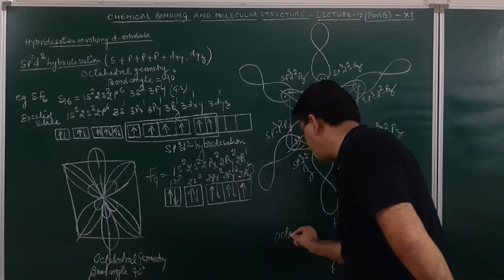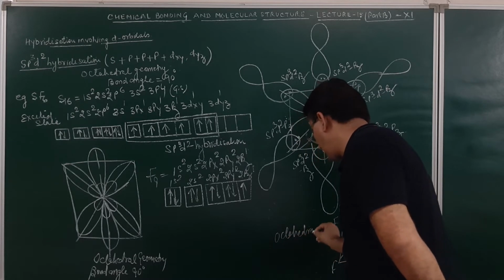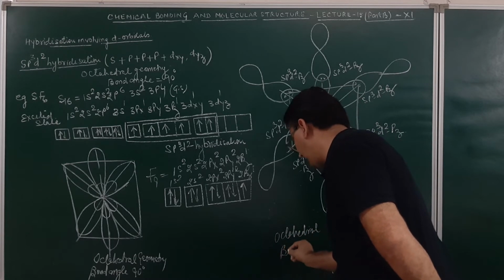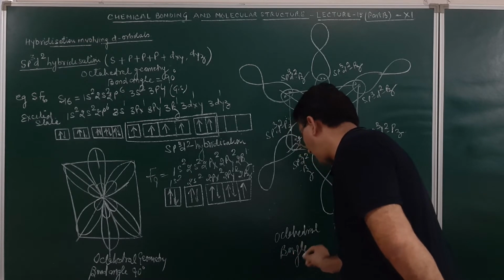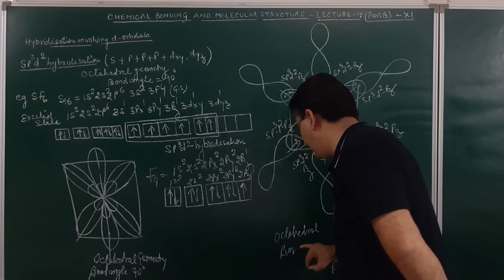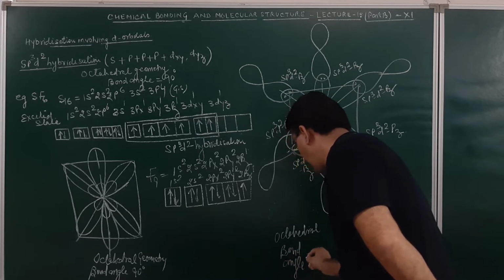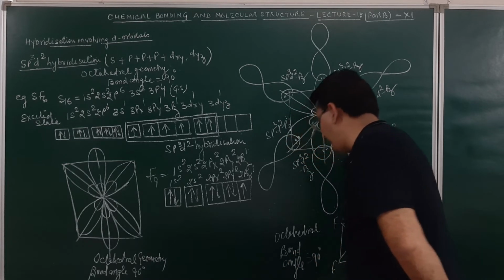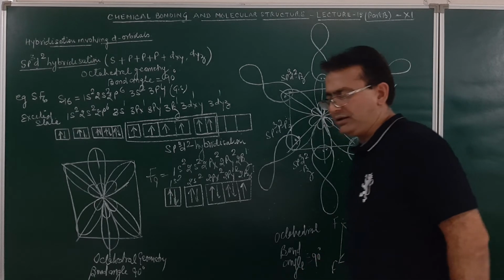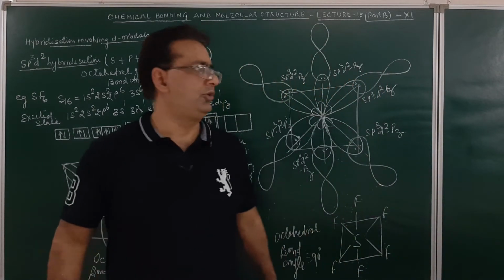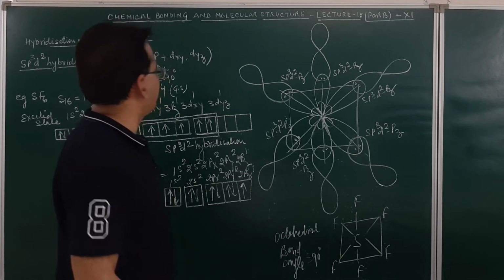Octahedral, where the bond angle will be 90 degrees. Am I clear? This is how sp3d2 hybridization takes place.